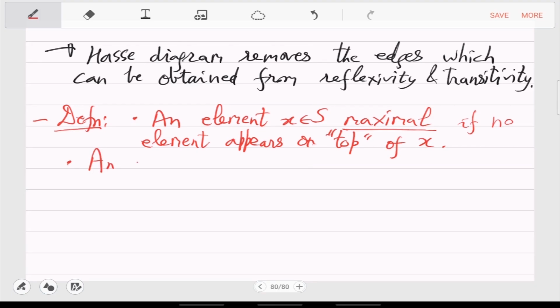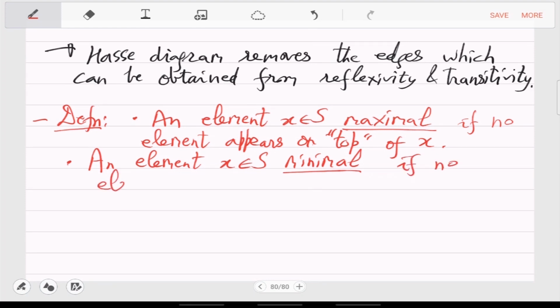And when is an element minimal? Right, so the symmetric case. If no element appears below x. Where top and below is with respect to the edges. If there is an edge going out of x, then it's not maximal. If there is an edge going in x, then it's not minimal. Is that clear?